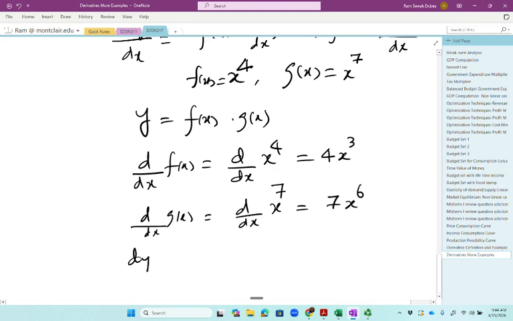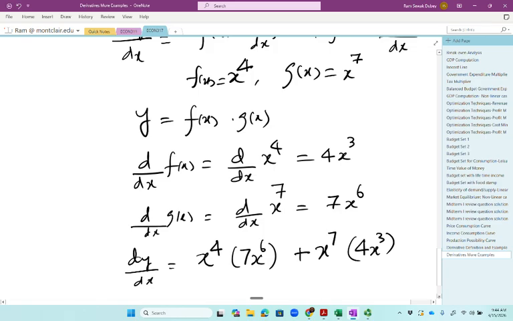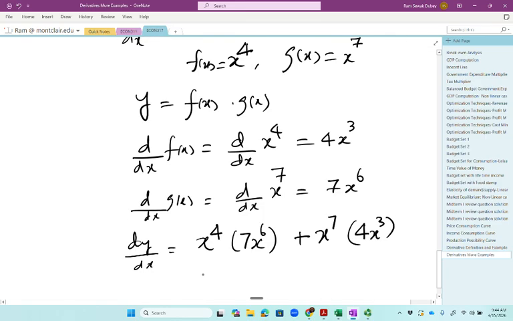So the derivative of y with respect to x is the first function, x to the power 4, times the derivative of the second function, 7 times x to the power 6, plus the second function, x to the power 7, times the derivative of the first function. And now we can simplify.